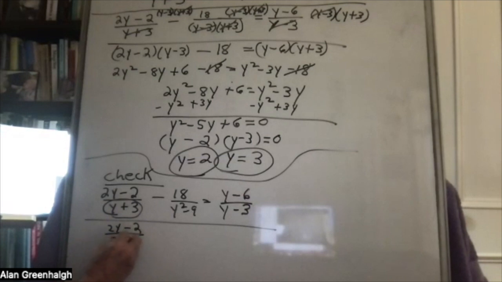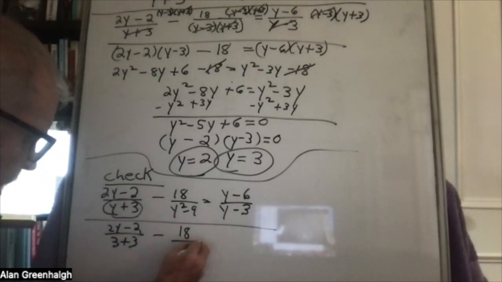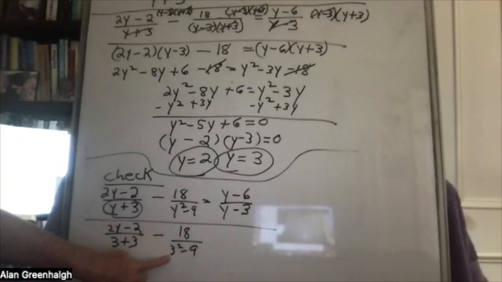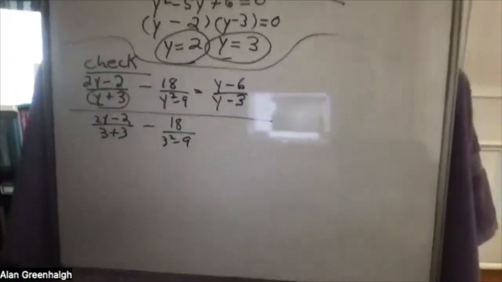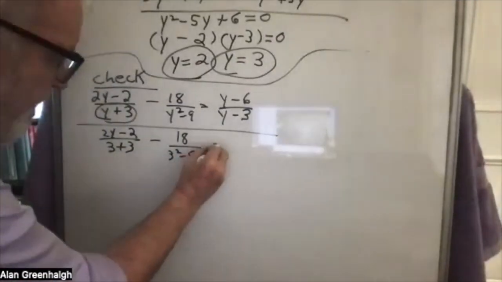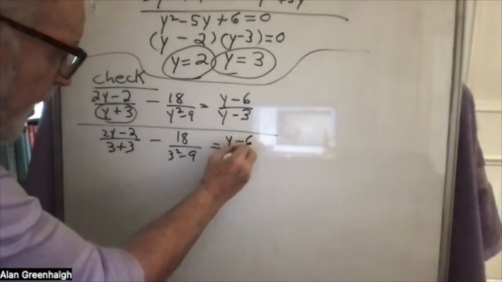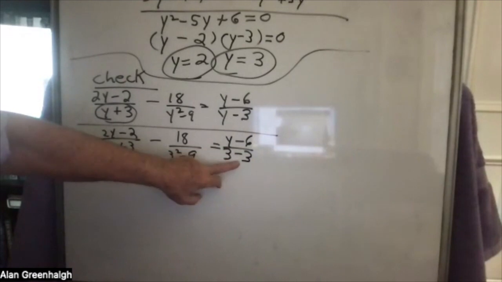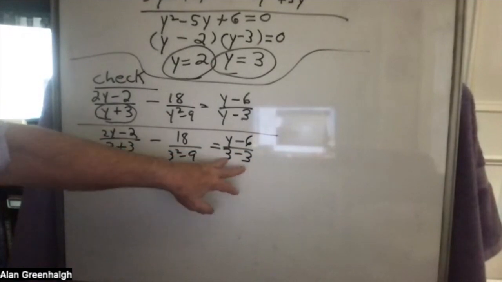3 plus 3 is 6, not a problem. But over here, we have a problem, because that's going to be 3 squared minus 9. 3 squared is 9. 9 minus 9 is 0. Uh-oh, right? And then here, again, 3 minus 3 is equal to 0. So this is no good.